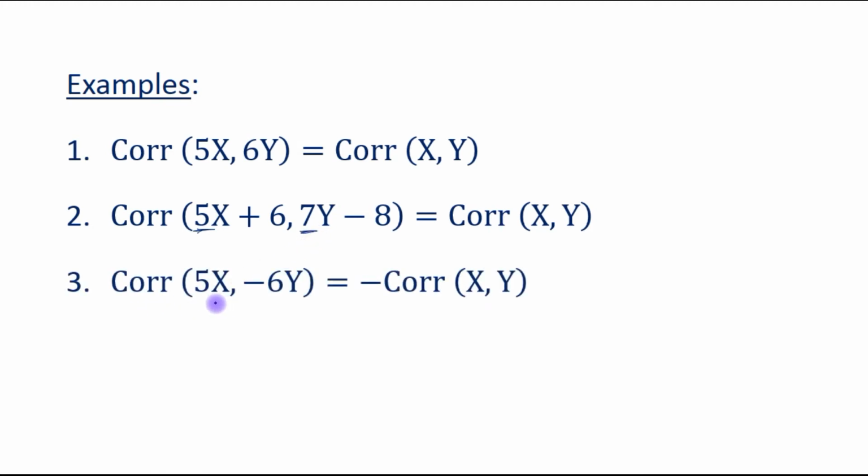Correlation between 5x and minus 6y equals minus of correlation between x and y because in this case a and c are of opposite sign.